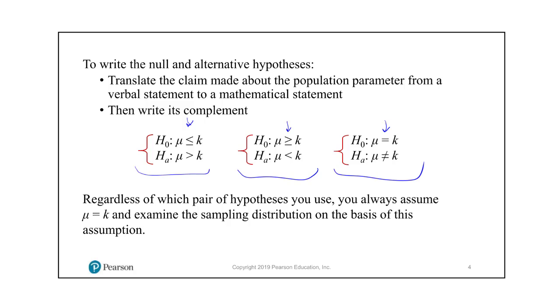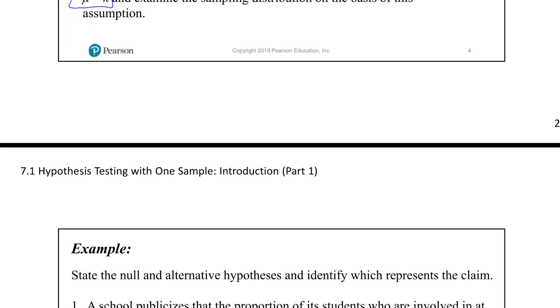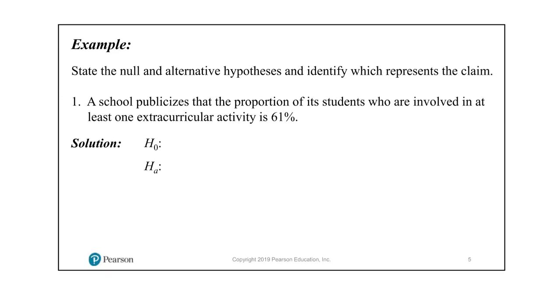And the alternative hypothesis does not. So whichever one of these we use, we're assuming that mu equals this k value, whatever value we're trying to compare to. And then we'll see how likely this is based on what the sample data shows us. All right, so let's get into some examples.